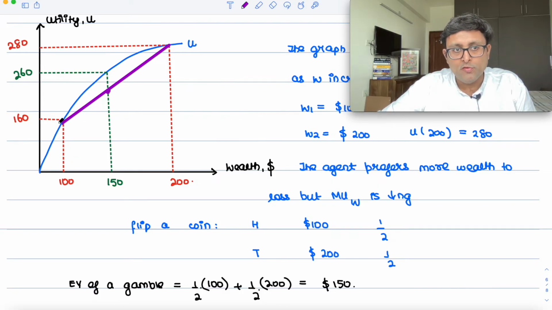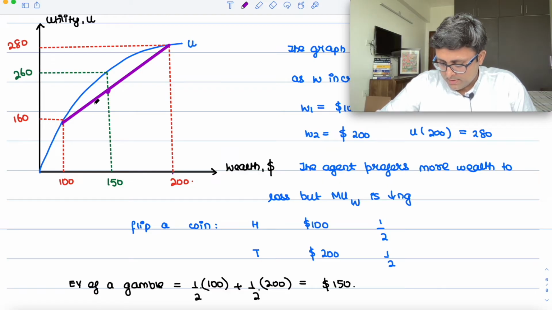So 100, U of 100, that is one coordinate, 200, U of 200, that is another coordinate. So the line joining this and this, the expected utility is going to lie somewhere here, right?